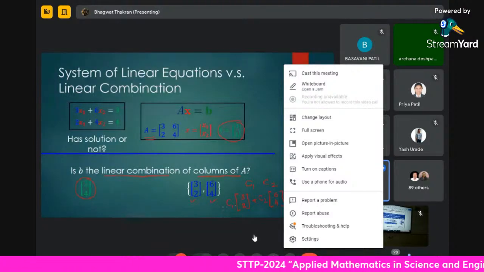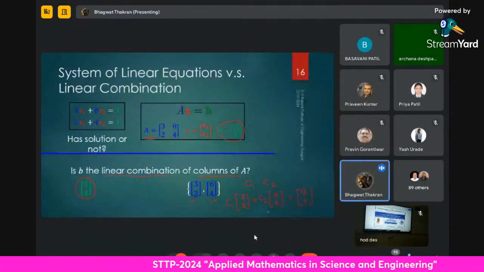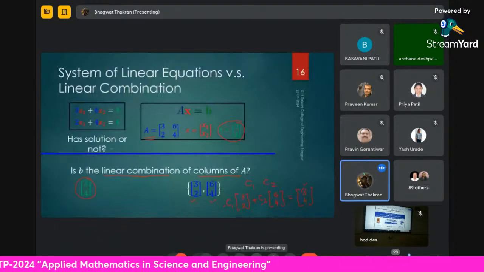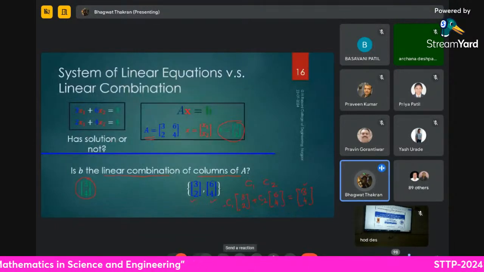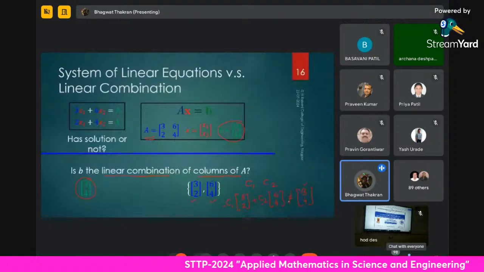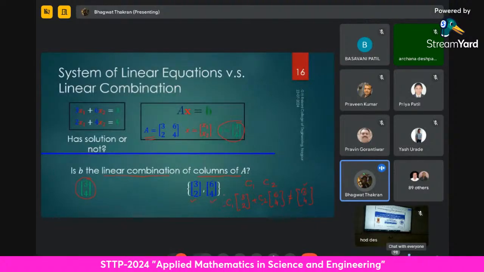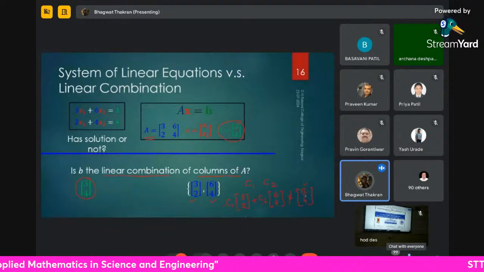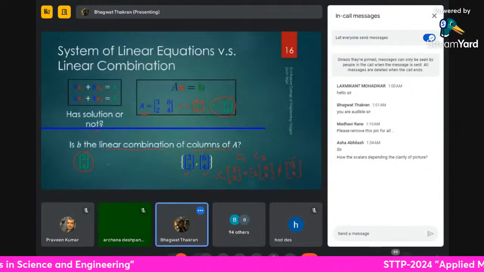If we can get C1 and C2 such that the value will be [3, 4], then definitely we can say yes, it will have a solution. But if you cannot find such real numbers C1 and C2 whose linear combination represents the vector [3, 4], then it will not have a solution.